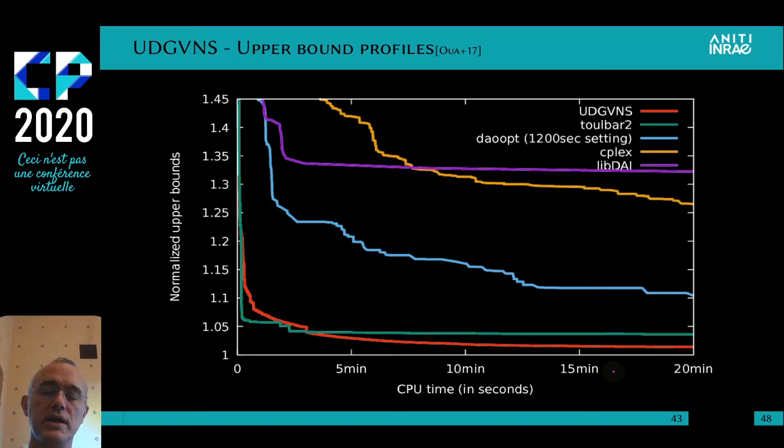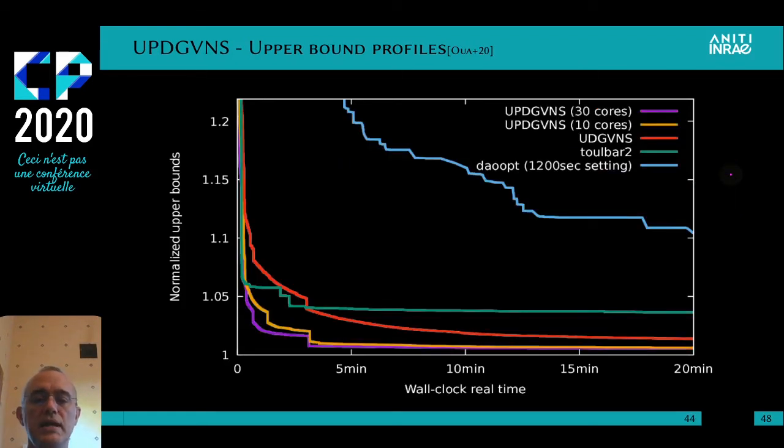But where it really shines is on upper bounds, of course, and here you can see how it compares to HBFS, to DAO-opt, to Simplex, and even to libdi, which is a very famous Markov random field library. And if you have many cores, it performs even better, of course.